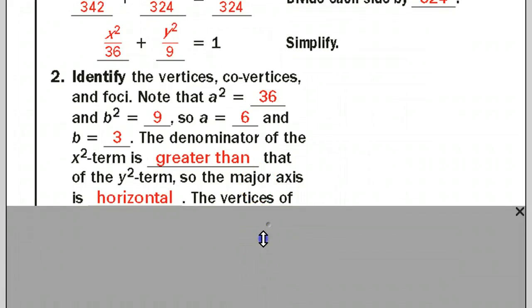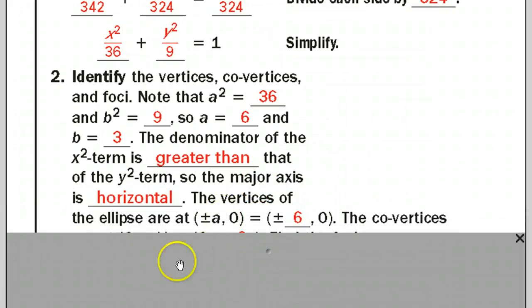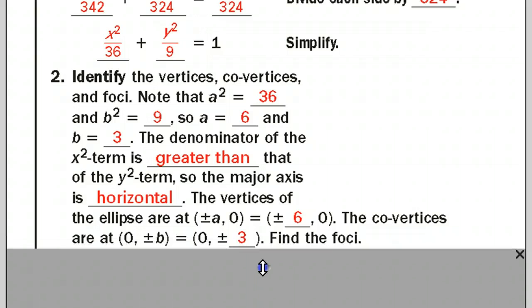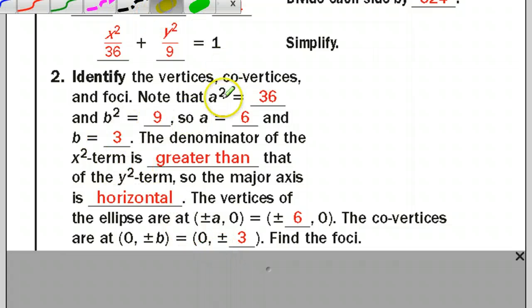That means the vertices of our ellipse are positive 6, comma 0 and negative 6, comma 0. And the co-vertices are 0, comma positive 3 and 0, comma negative 3, coming straight from a being equal to 6 and b being equal to 3.